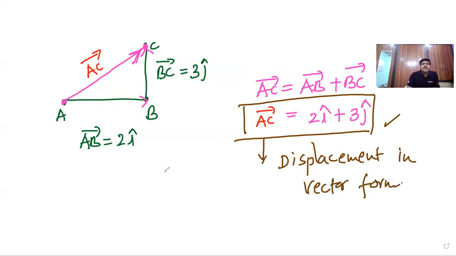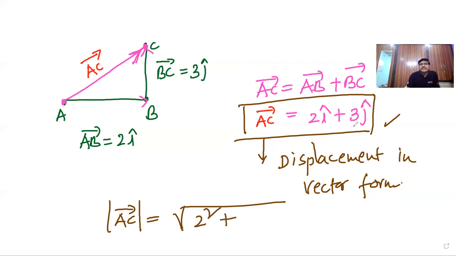Now, what is the magnitude? We require the magnitude of AC bar, the modulus: square root of the coefficient of I cap square plus coefficient of J cap square, 2 square plus 3 square, so root 13. So this is the magnitude of displacement.